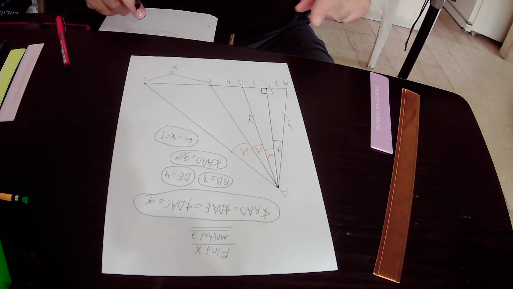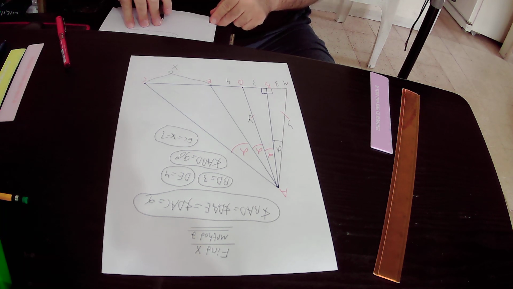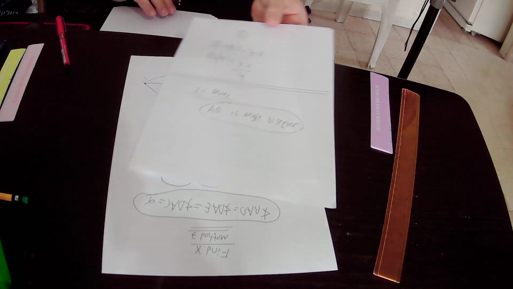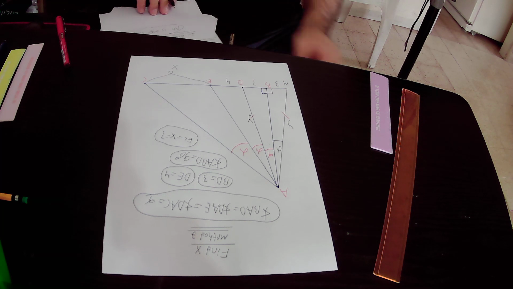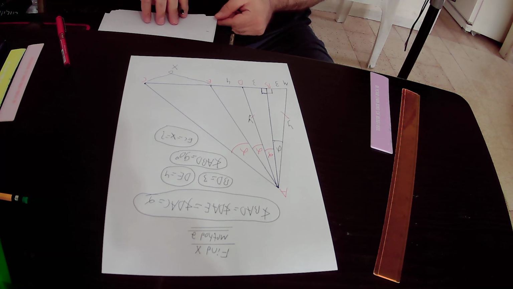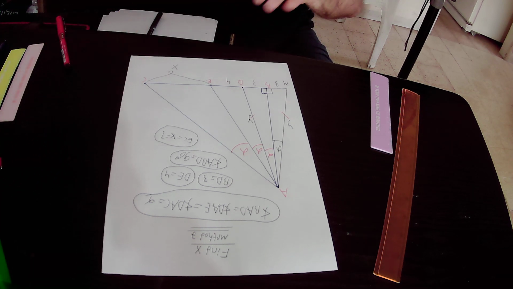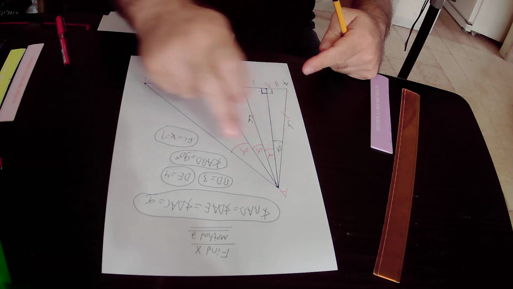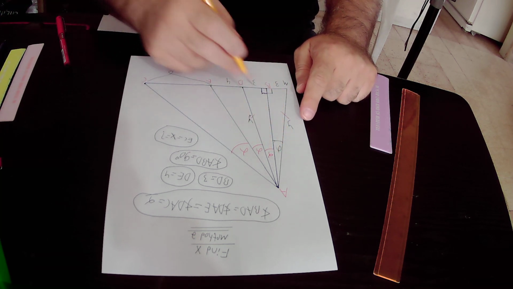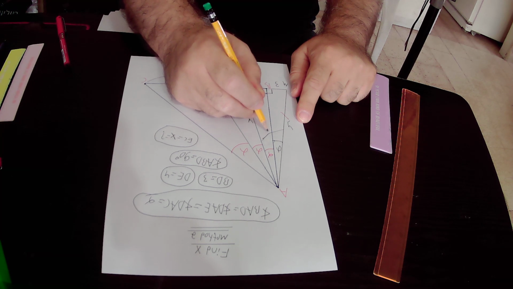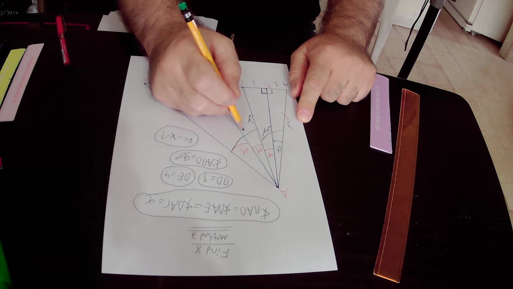Again, in triangle AMC, AD is angle bisector. So why is AD angle bisector in triangle AMC? Because AD divides angle MAC into two equal parts. It divides angle MAC into 2 alpha and 2 alpha, alpha plus alpha is 2 alpha.